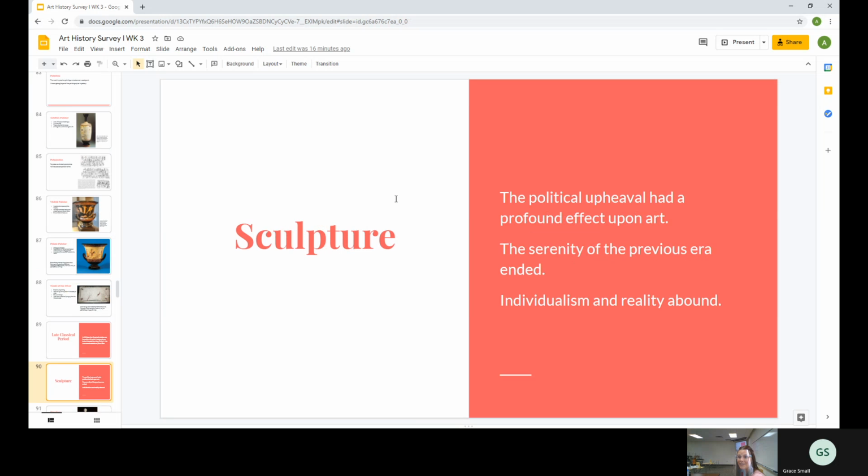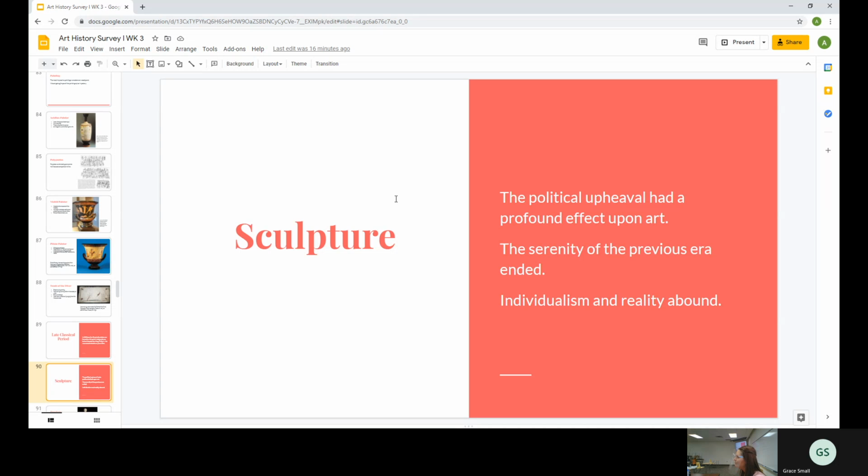Starting with sculpture, because of the political upheaval that this shift creates, there is a bit of an effect on art. You'll notice that happening throughout multiple cultures that we're going to be talking about in this course. You kind of already saw it with Egypt and Mesopotamia. If you remember when the kingdom of Kush took over Egypt, they changed some of the sculptures.